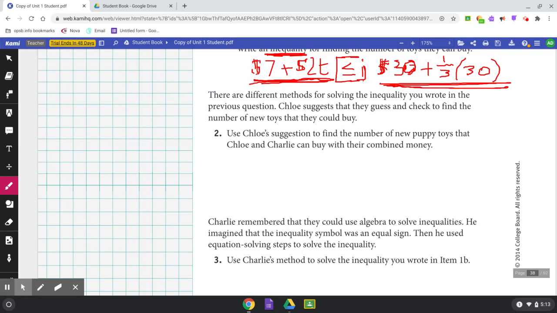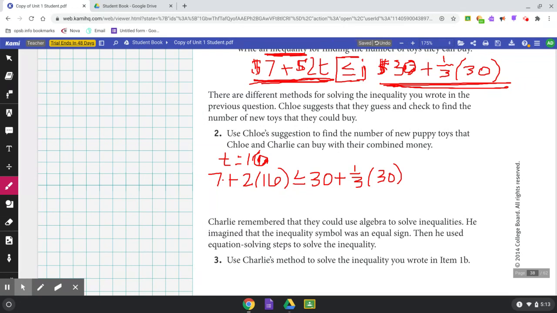Okay, so if you substituted in 16, if you had T equals 16, and you substituted in 16 into our inequality, you would have 7 plus 2 times 16 is less than or equal to 30 plus 1/3 times 30.